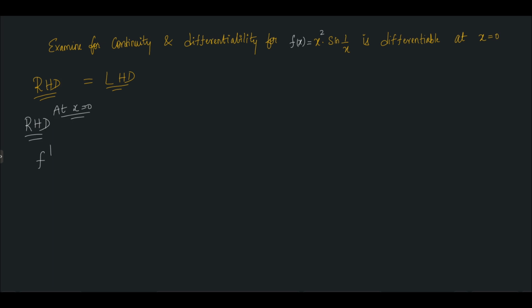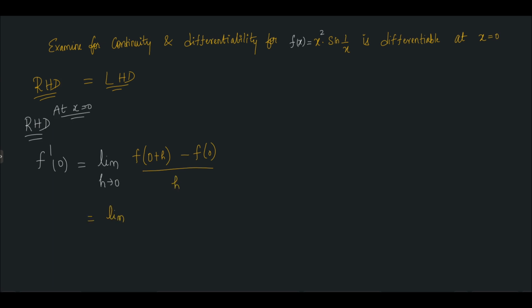So f dash of 0 is equal to limit h approaches 0, f of 0 plus h minus f of 0 divided by h.